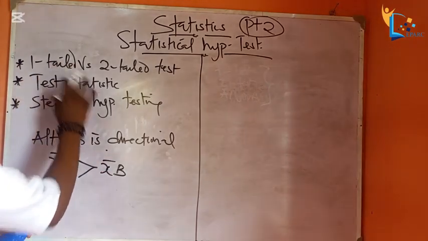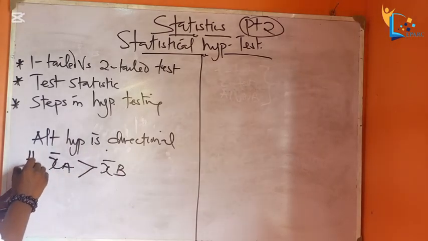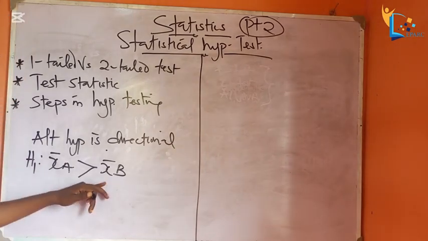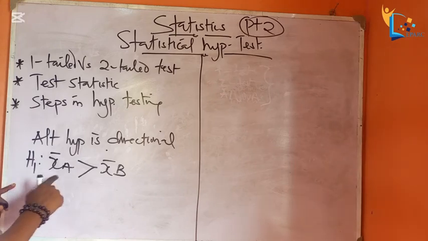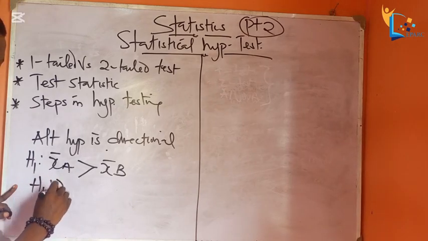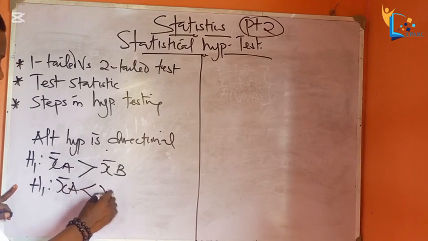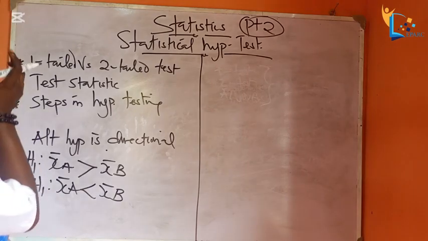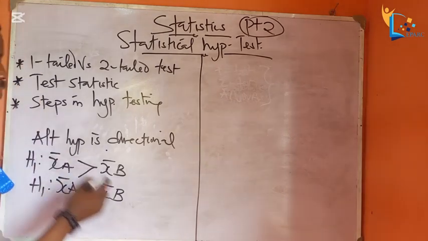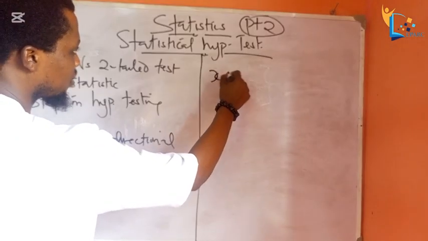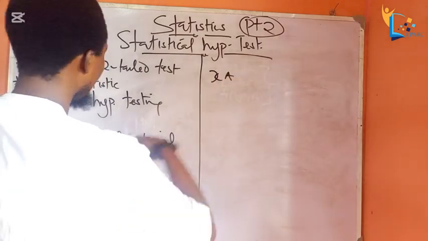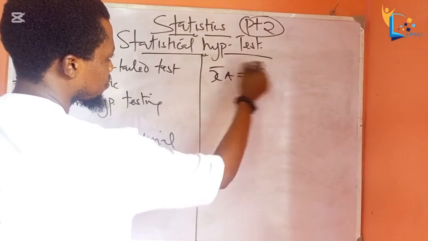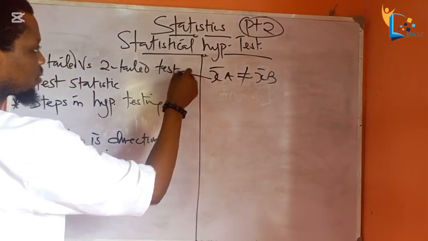So a test is one tail if the alternate hypothesis, not the null, is directional, either greater than or less than. But if the alternate hypothesis is non-directional, we say it's a two-tail test.